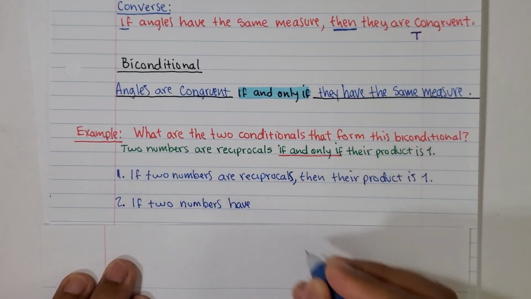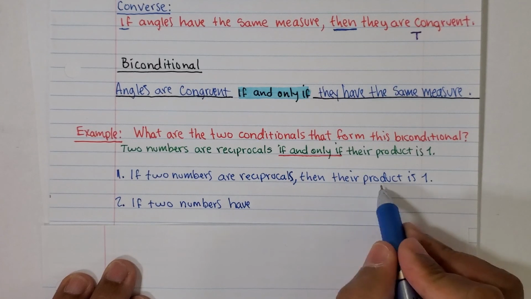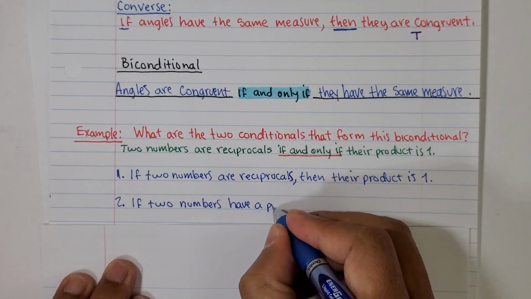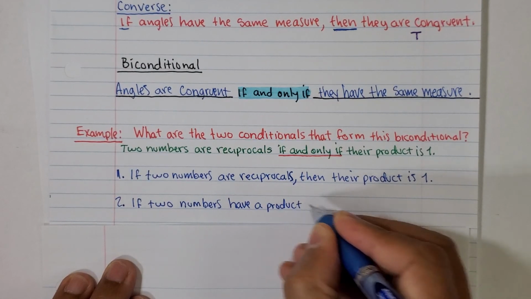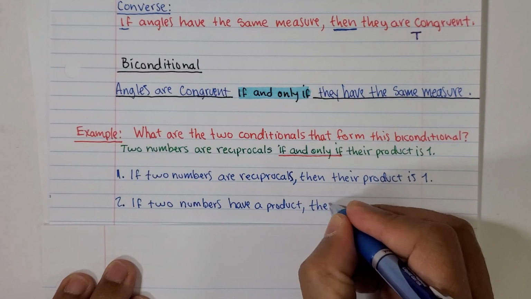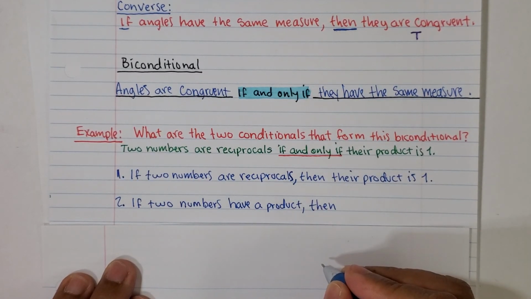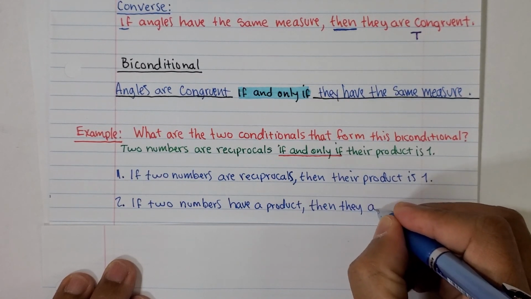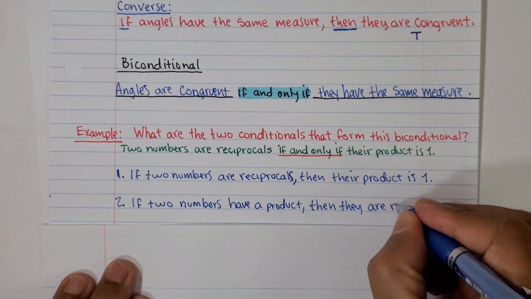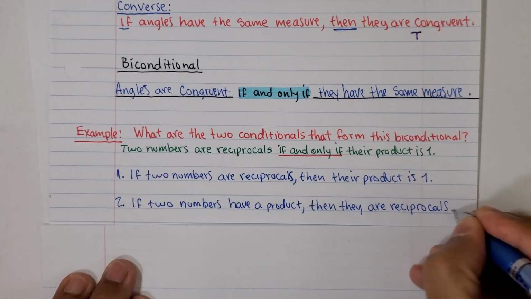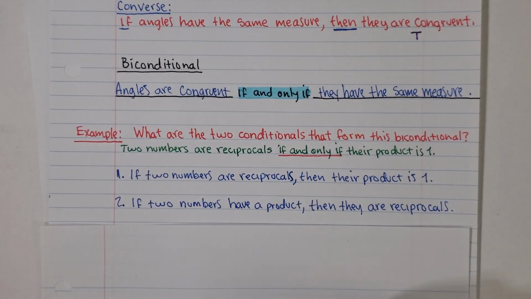If two numbers have a product of 1, here comes the then part. Then they are reciprocals. Okay, so that's how you undo a biconditional, by writing its two conditional statements.